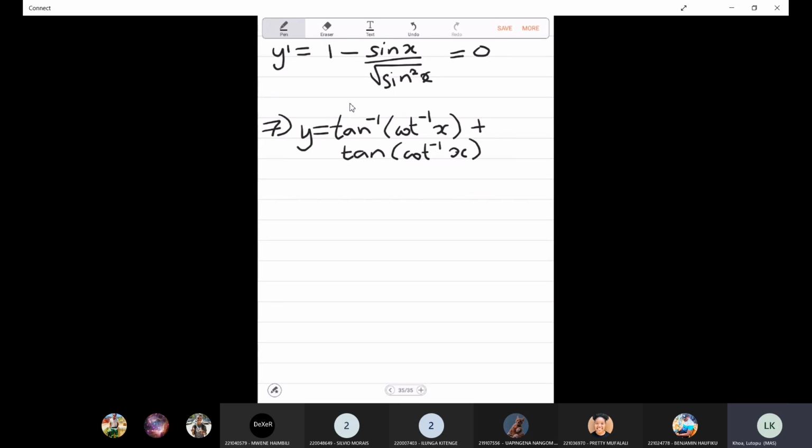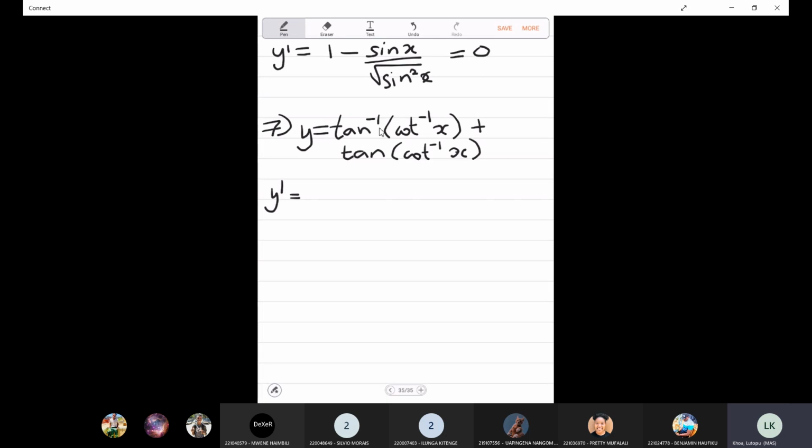Here again, work out the derivative in pretty much the same way. So we have y prime. We start with the first function, tan inverse of cot inverse, so we start by differentiating the tan inverse.